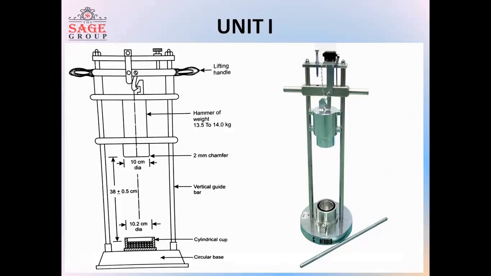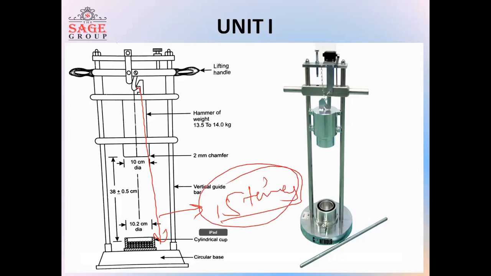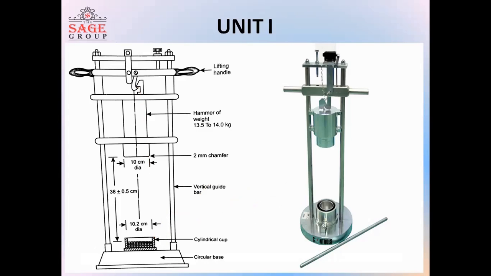Then the hammer is allowed to fall freely on the cylinder 15 times, so that due to the free fall action of the hammer, the stone resists taking the load without any failure and without any crack formation, over the 15 blows. Then afterwards, the stone pieces are taken out for calculation of the result.